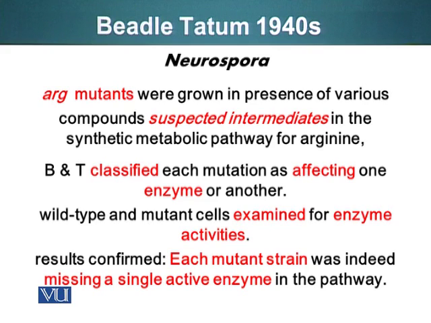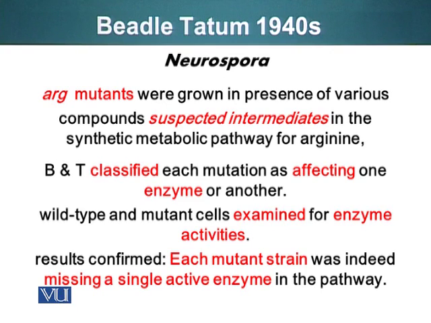They realized that if arginine is the compound that is missing, let's see if the precursor to arginine can also recover these mutants. So they classified each mutation as affecting one enzyme or another in the metabolic pathway that results in production of arginine in the cell.